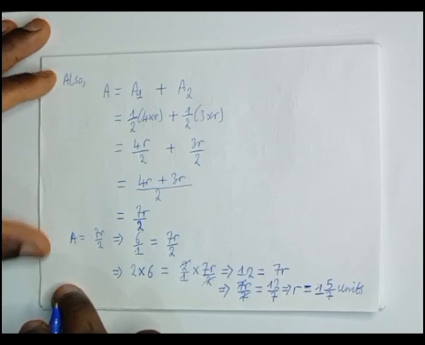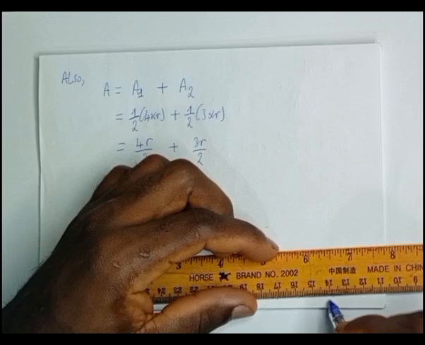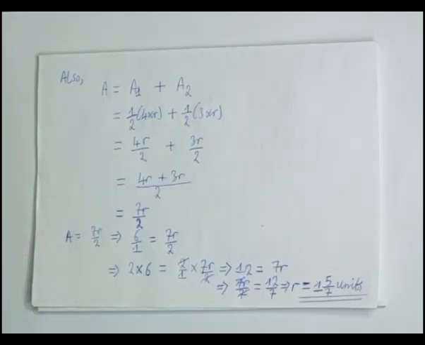Therefore, the radius of the semicircle is 1 and 5 all over 7 units. Let's underline the answer. We are done with the solution of the question.